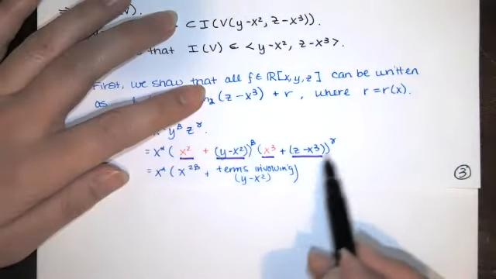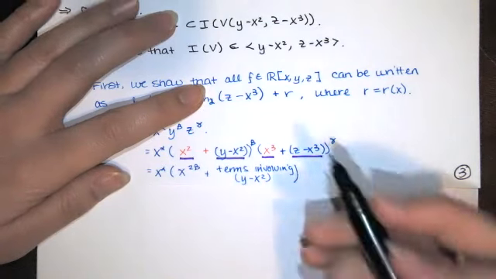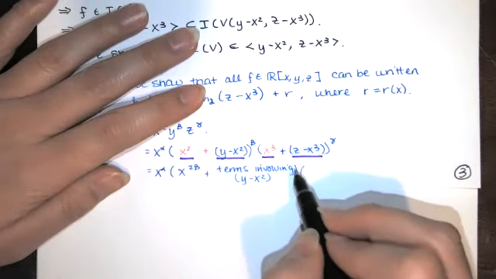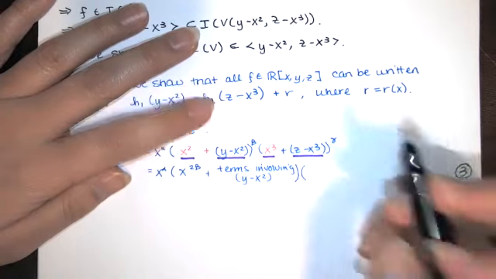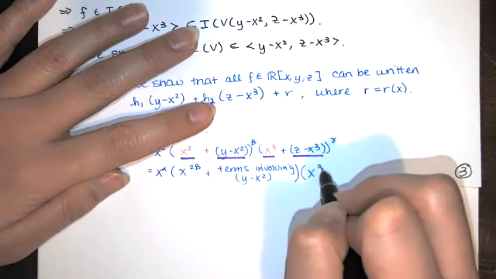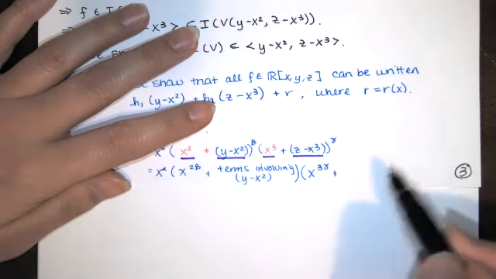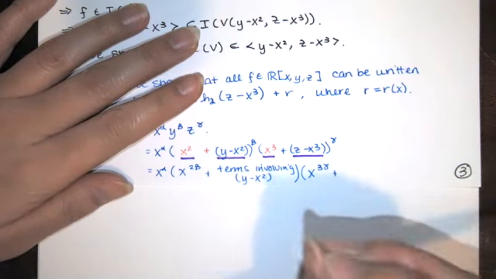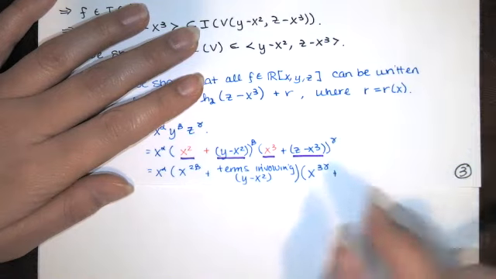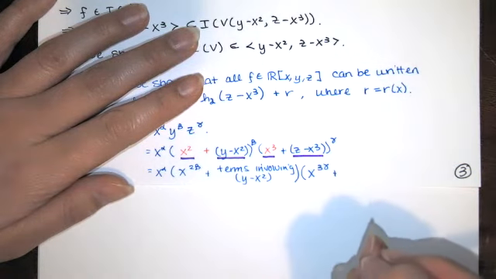And similarly, if you take this and you expand it, you're going to end up with an x cubed to the gamma. So that's x to the 3 gamma. And then the next term would be a constant times x cubed to the gamma minus 1 times z minus x cubed.